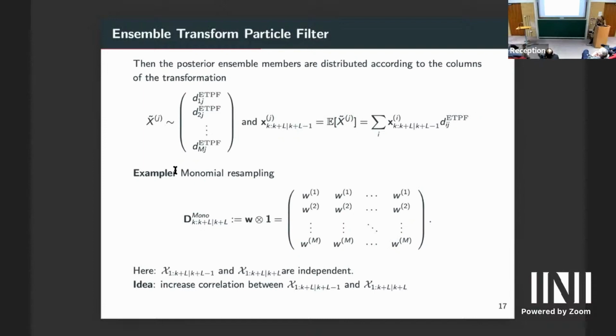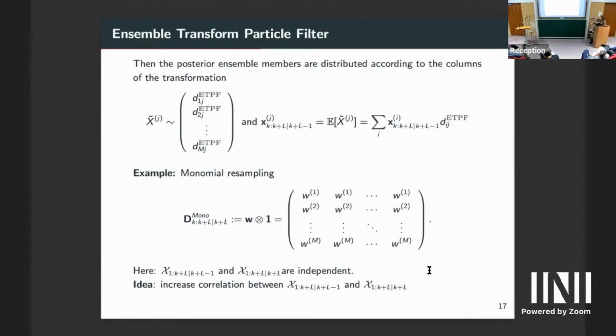If you just think of multinomial resampling, you could put the weights in the columns, and then each of the ensemble members would get the average of the random variable associated with these probabilities coming from the weights. The problem is this creates something where your prior ensemble has nothing to do with your posterior ensemble. They're literally independent.